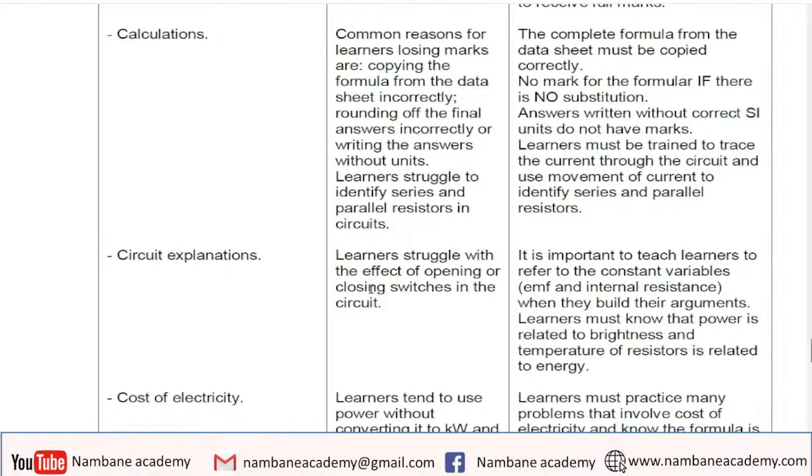Those that get the current are effective resistors. But we can use a switch maybe in one branch of the parallel combination. And once you open that switch in one branch, it means the resistor in that branch will no longer get current. All of the current will then pass in the other branch. Then that one is rendered ineffective. It's no longer part of the circuit.